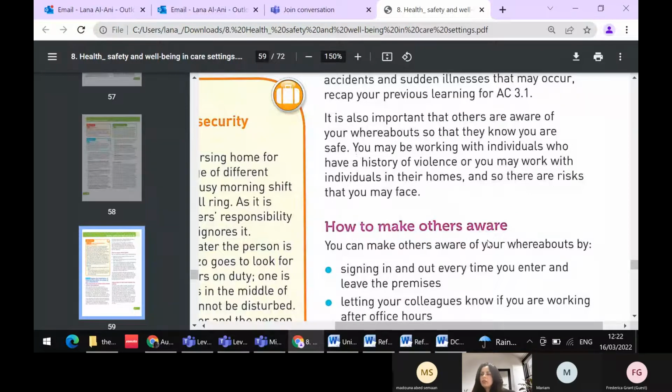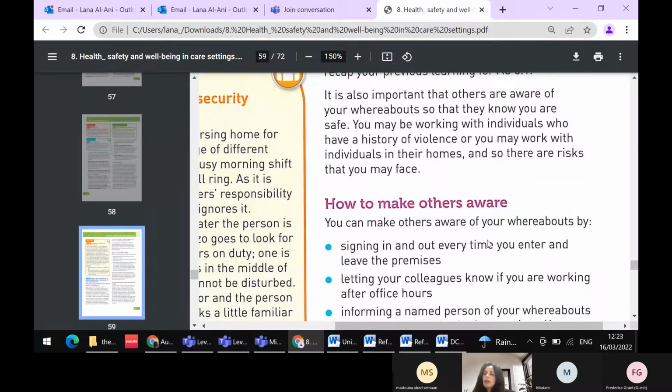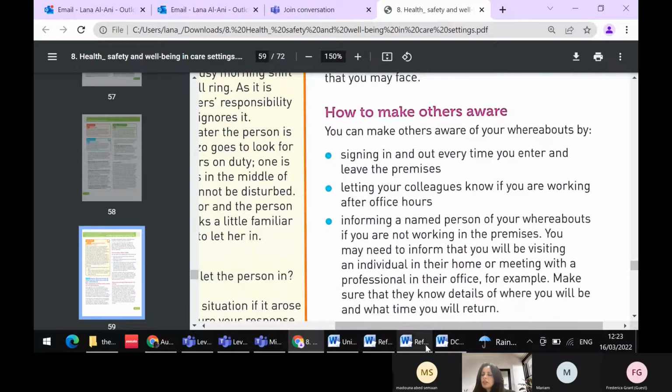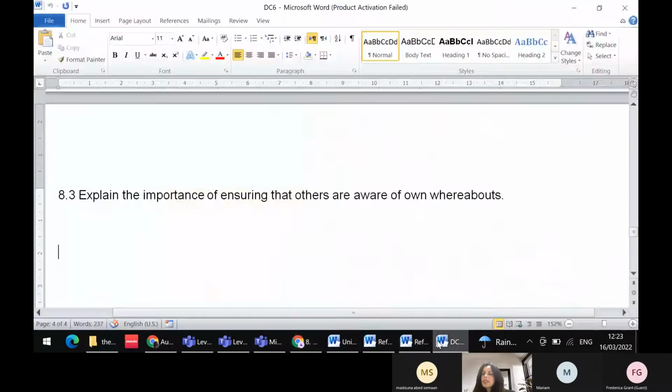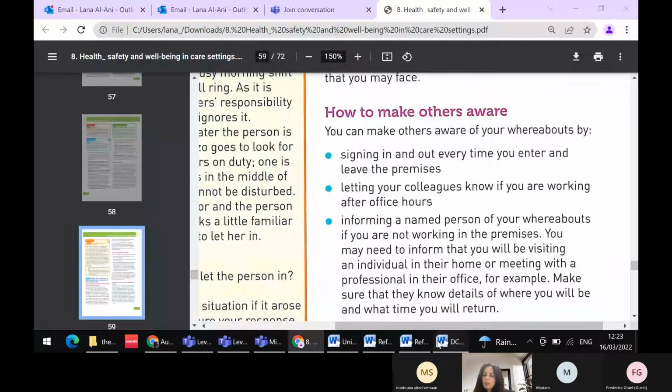This client may have physically attacked you, and that's why you need to let your manager know. So this is the importance of ensuring that everyone knows where you are during working hours. It's very, very important.